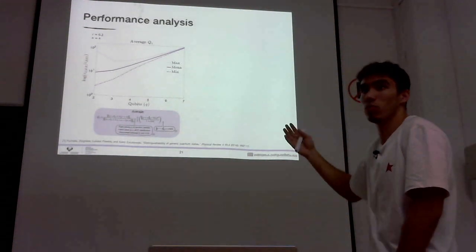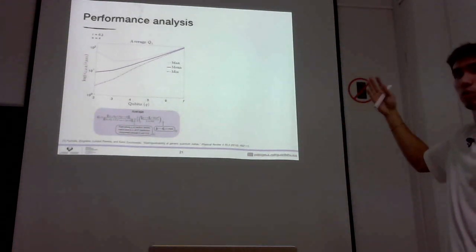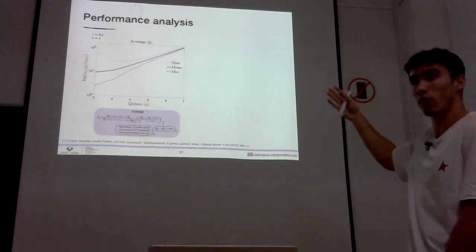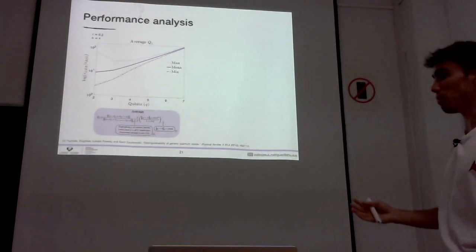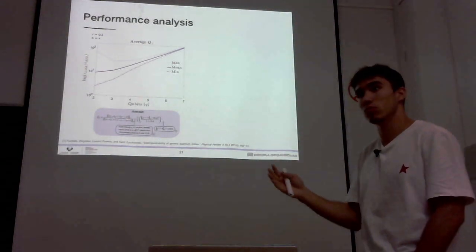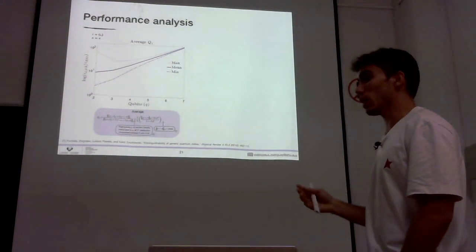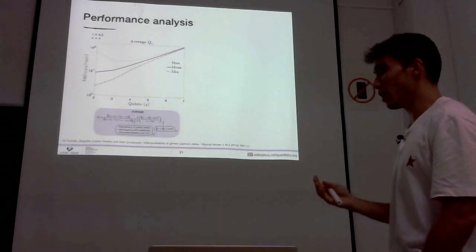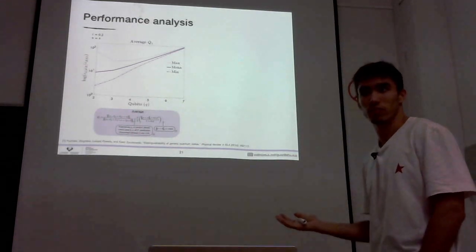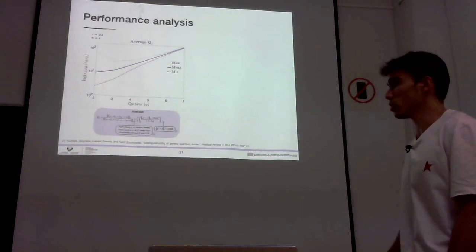I mean, we don't need this protocol to implement exponentiation of rho. So this is kind of for experiments where you know the basis of the quantum state, but if you need to diagonalize rho, it doesn't make as much sense.